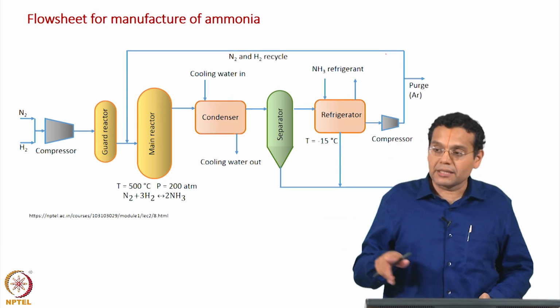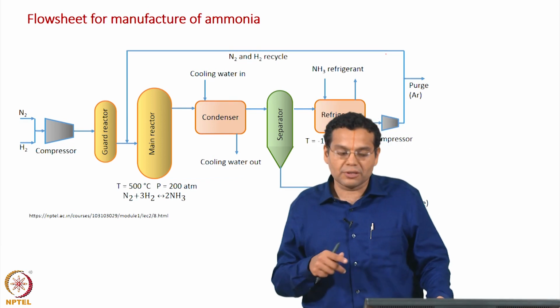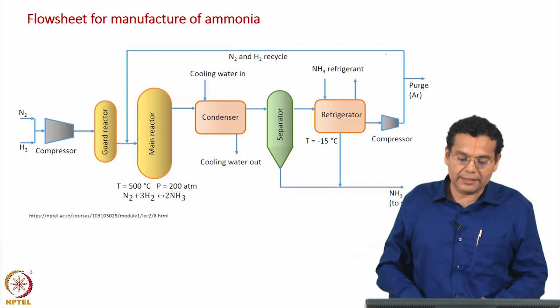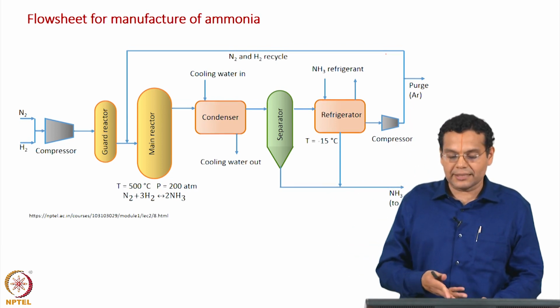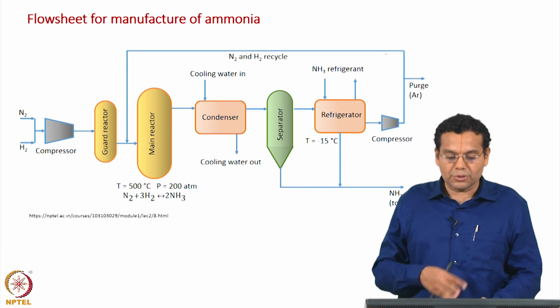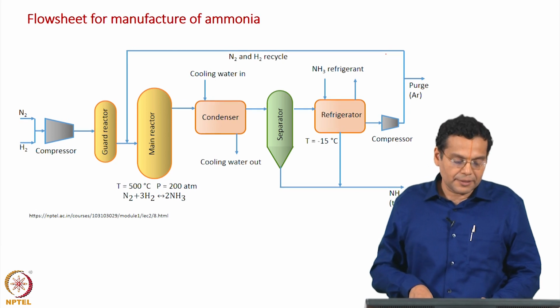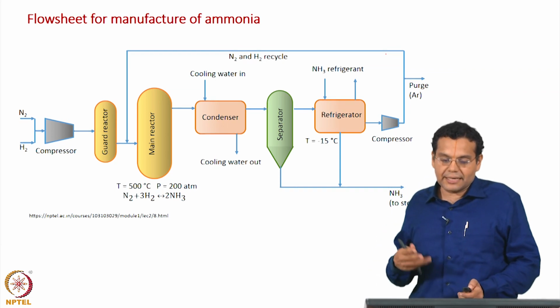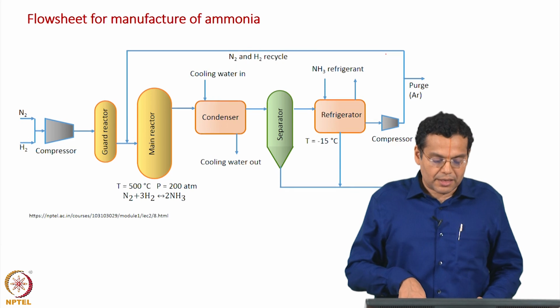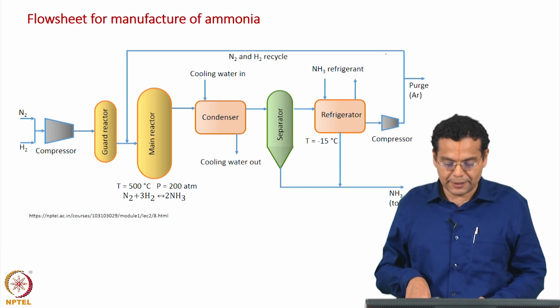and that stream enters a guard reactor which removes some impurities which will impair the activity of the catalyst. It is a catalytic reaction and iron is used as a catalyst, so we remove those impurities in the guard reactor. It enters the main reactor, a catalytic reactor using iron as a catalyst, with conditions as I mentioned of 500 degrees and 200 atmosphere.